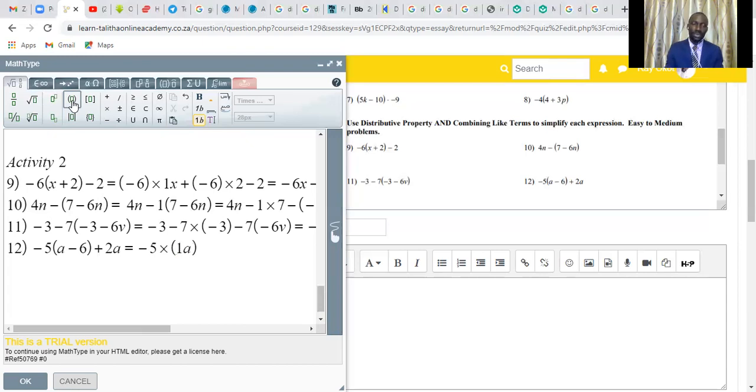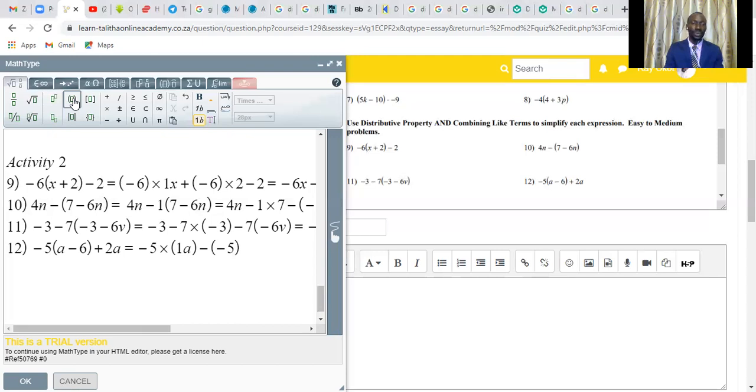Then now we want to look at how to distribute a -5, that is minus 5, and the 6. So let's have that right away as a -5 and a 6.